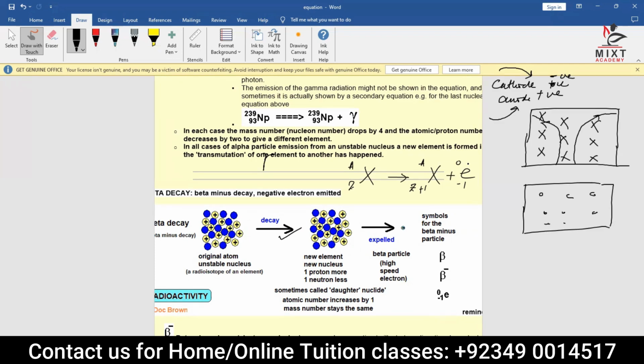If you ask me one by one, number of protons, number of electrons, and number of neutrons, then you can say that proton will be increased by 1, neutron will be reduced by 1, and electron will remain the same as the protons.